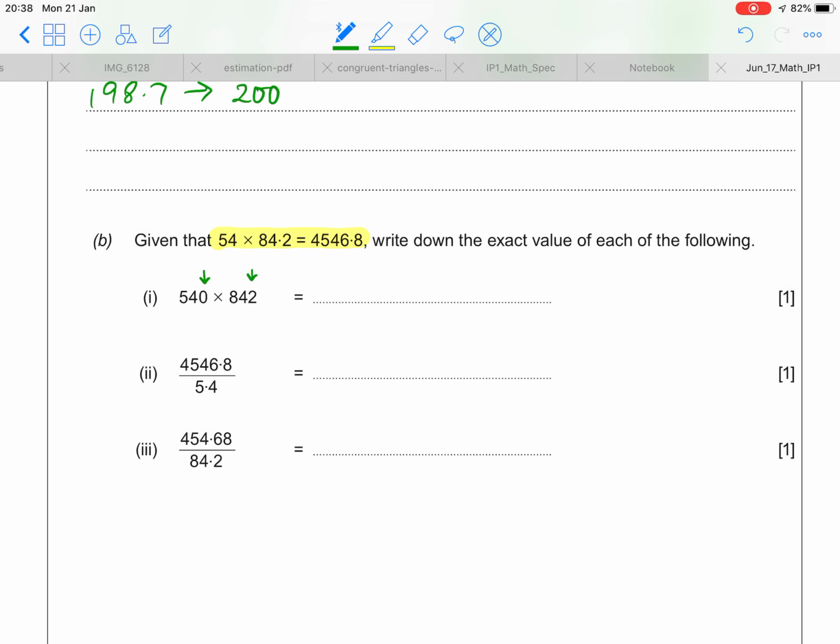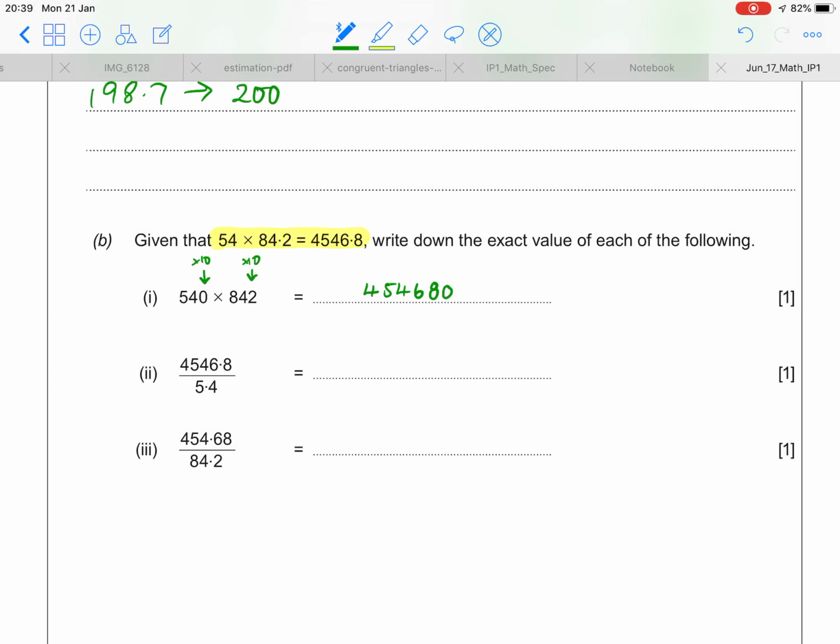So my answer will need to be made 100 times bigger. 10 times bigger because of that one, 10 times bigger because of that one. 10 times bigger would have just moved everybody over so that there wouldn't have been the need for the decimal point. The other 10 times bigger will actually move them all over again. So I get a 0 on the end because they've moved two place values or multiplied by 100.